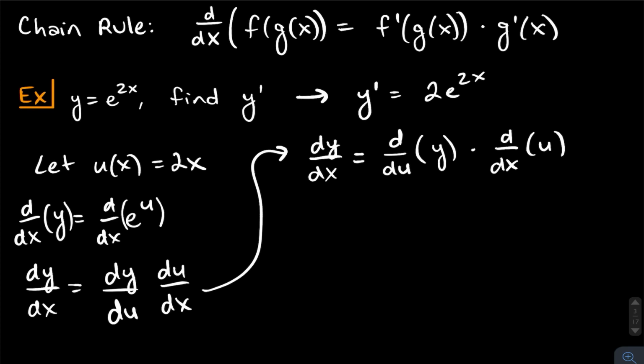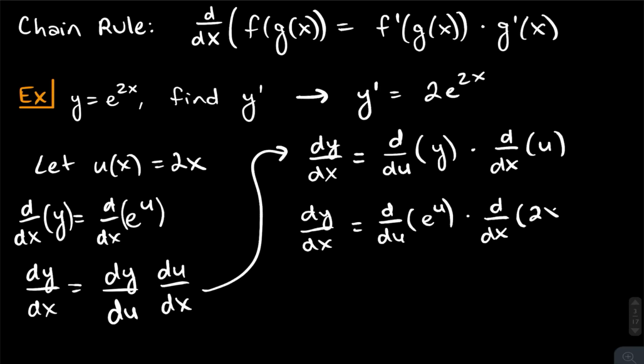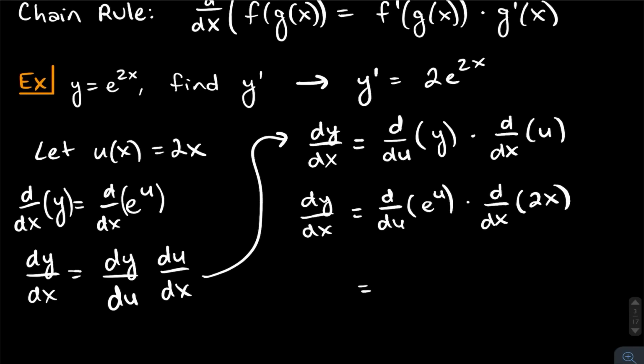Cool. So we know that y, if we just keep going here, is e to the u, right? And we know that u is 2x. And so taking a derivative with respect to u, we would get e to the u, or if we want to write that in terms of x, we know that u is 2x, so we'd put that there.